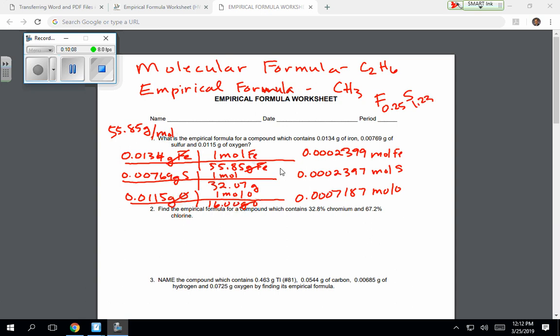Okay, we don't do that. We have instead whole numbers, which makes sense because they refer to atoms, and it's kind of hard to imagine a half an atom or something like that.